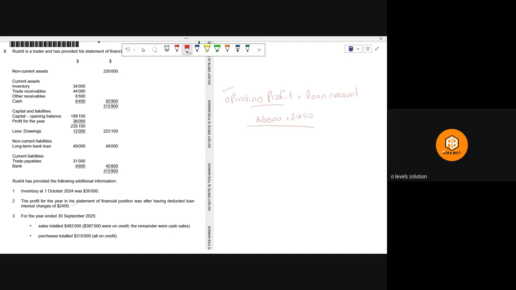And the capital employed is, as you can see, the opening capital we have. Once again, let me see the non-current liabilities. The non-current liability is 49,000, and the closing capital is after deducting the drawings. So we need to write the closing capital. This is 49,000 plus 223,100, multiplied by 100.